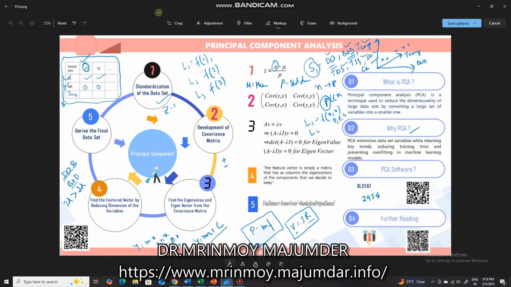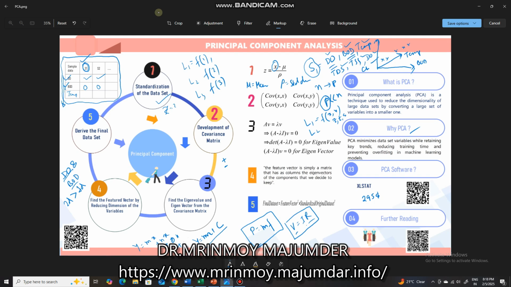So first we have to compute the covariance of the dimensions or the parameters that are used for representing the sample characteristics. Now you see this is the matrix: covariance of xx, covariance of xy. The next row will be yx, yy.